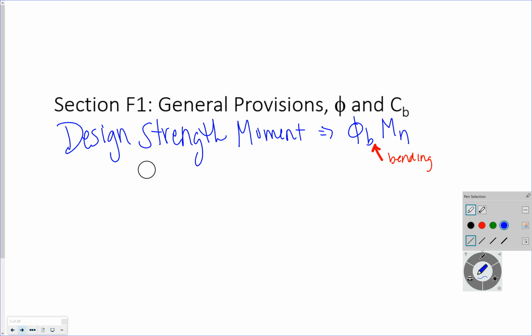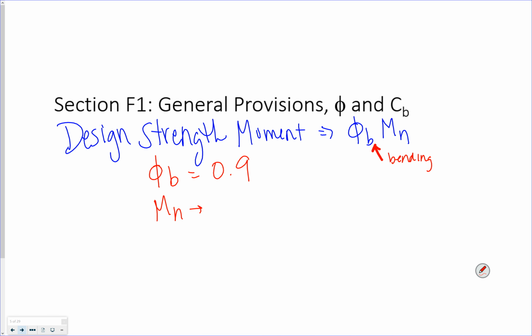Phi b is 0.9. And like I said, Mn is your nominal moment strength.